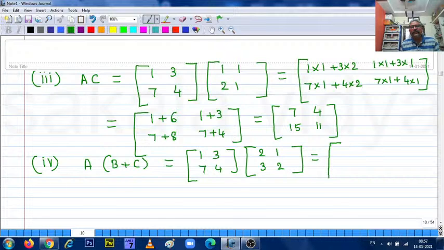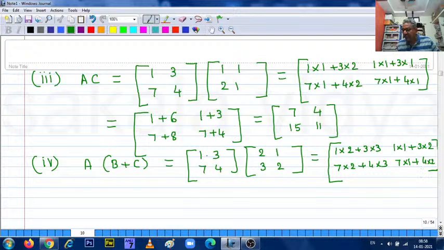So now let us multiply: 1 into 2 plus 3 into 3, 1 into 1 plus 3 into 2, 7 into 2 plus 4 into 3, 7 into 1 plus 4 into 2.